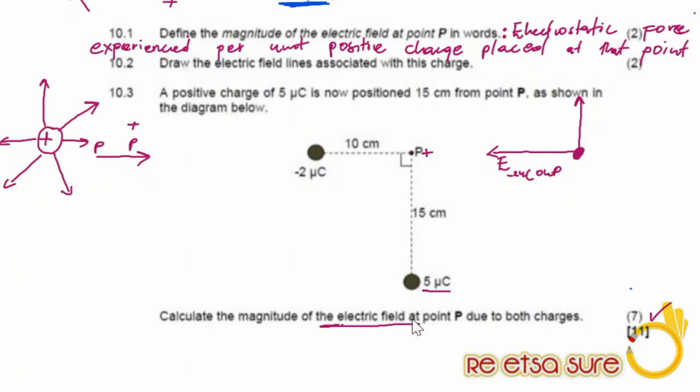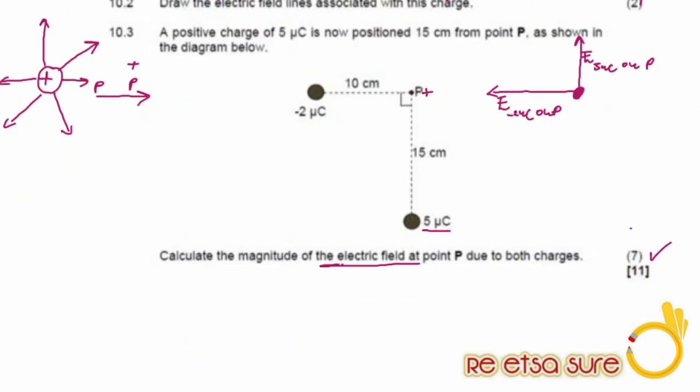So the electric field around this P is going to push P away, because remember that the electric field goes away from the charge. So here we have E, 5 microcoulomb on P. So now we are done. We are one step closer now.